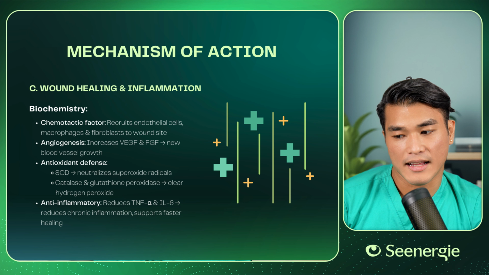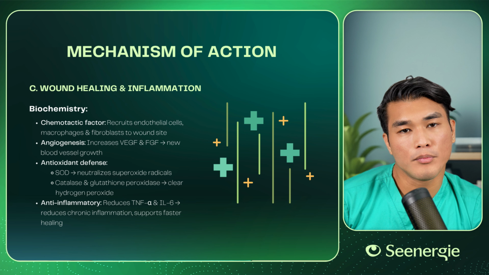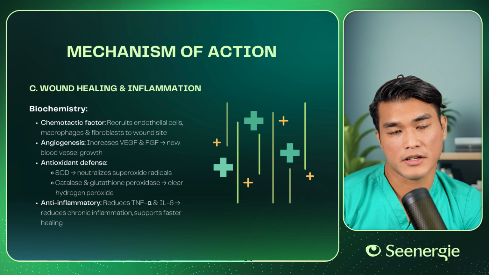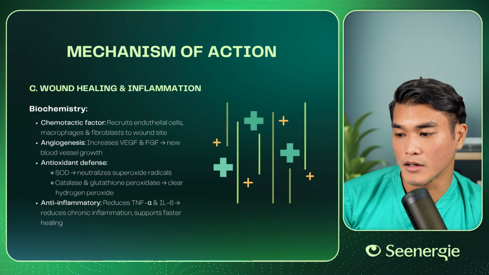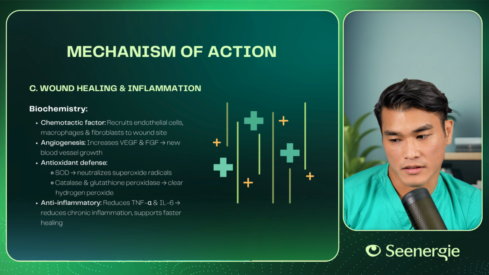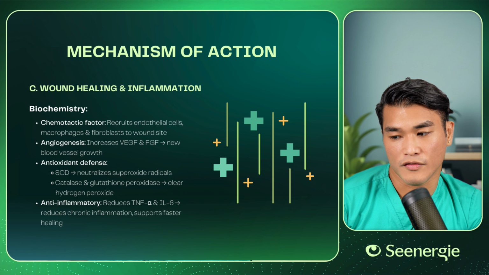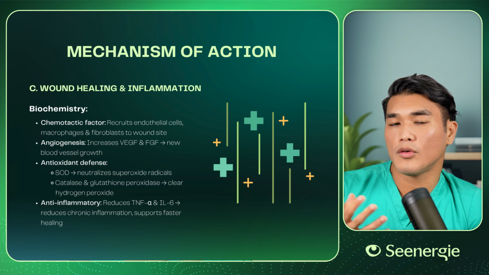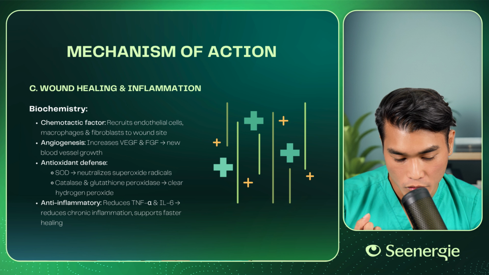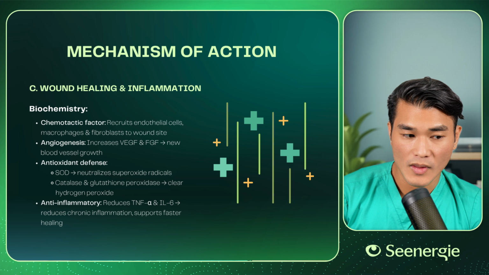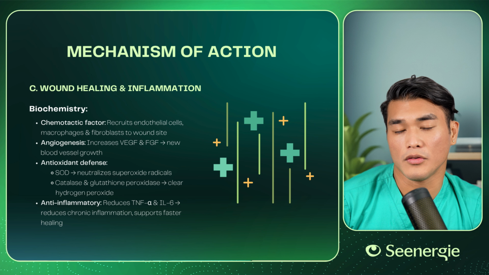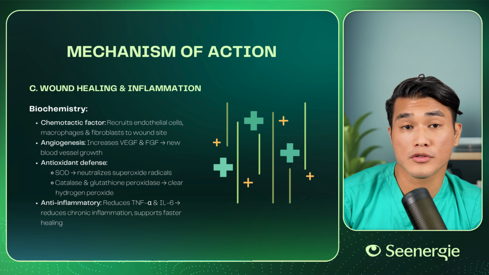It also enhances angiogenesis, as we previously mentioned, by increasing your vascular endothelial growth factor, and also your FGF, or fibroblast growth factor, expression. So not only does it recruit these components, it also initiates your body to produce more of them.